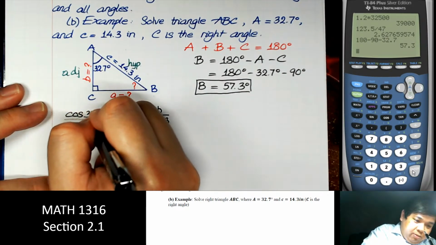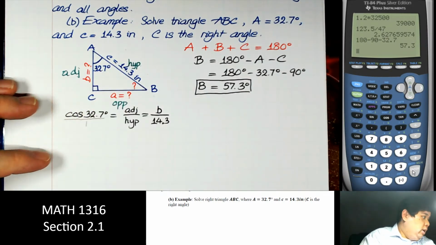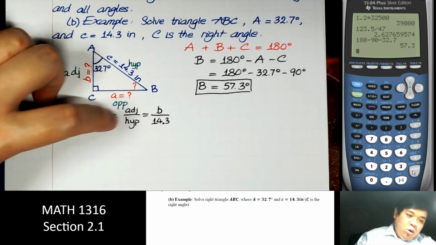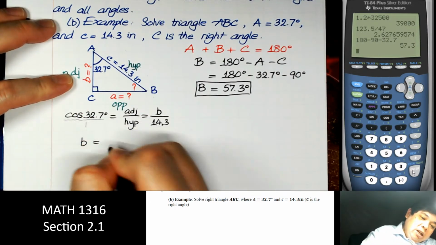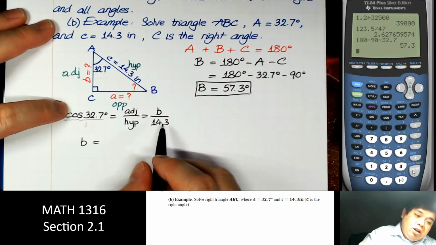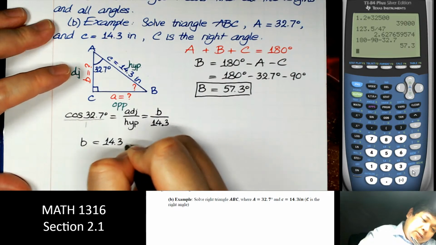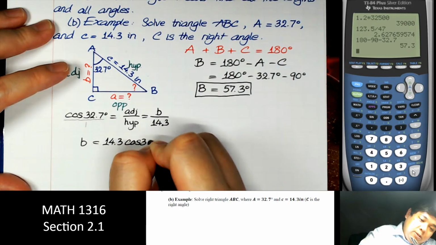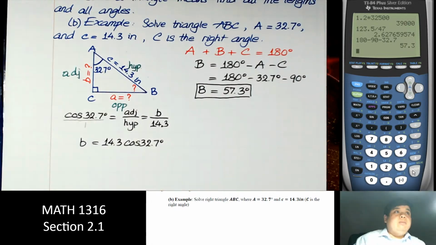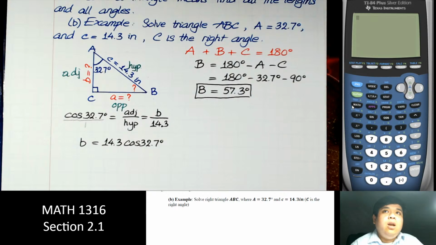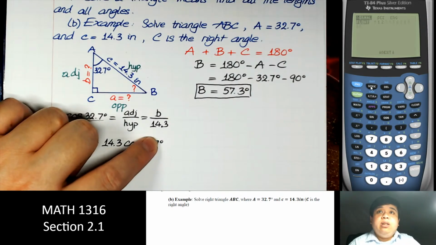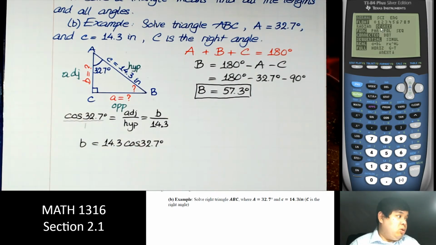Right. So we'll divide this over 1 and just cross multiply. So when we cross multiply, B times 1 is B, and 14.3 times cosine of 32.7 degrees. For that angle, we have to use the calculator. If we use a calculator with degrees, hit mode, make sure it is in degree mode.